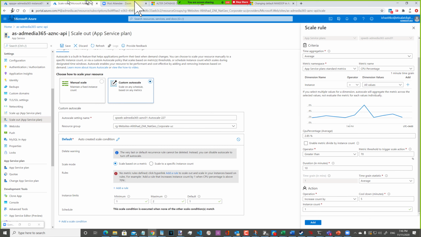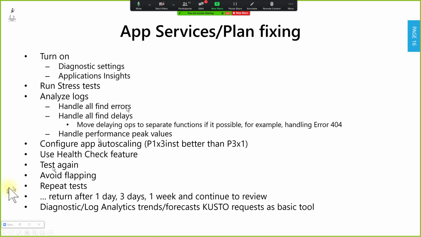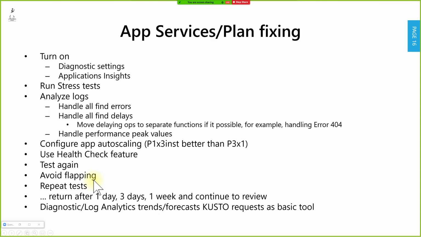So it means flapping, and this flapping creates a blinking of your application, and it could create a lot of issues and problems here. So please avoid the flapping, and again repeat the test.